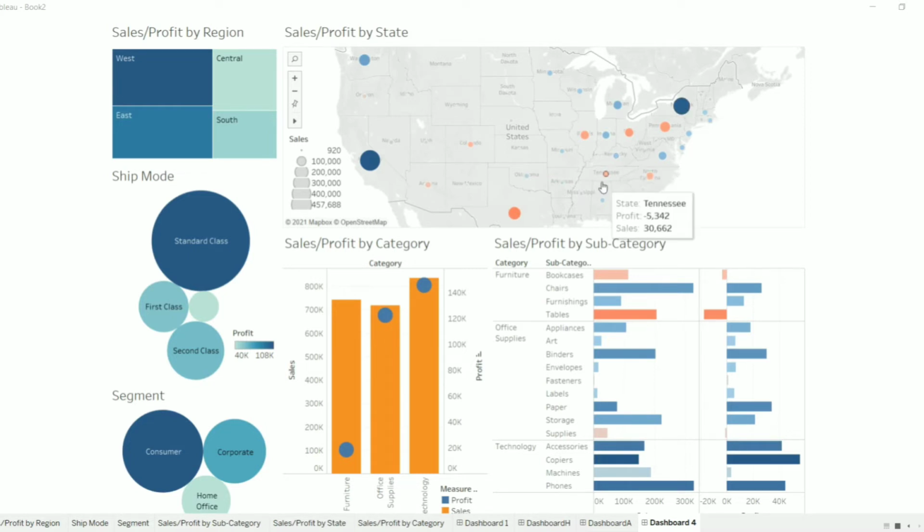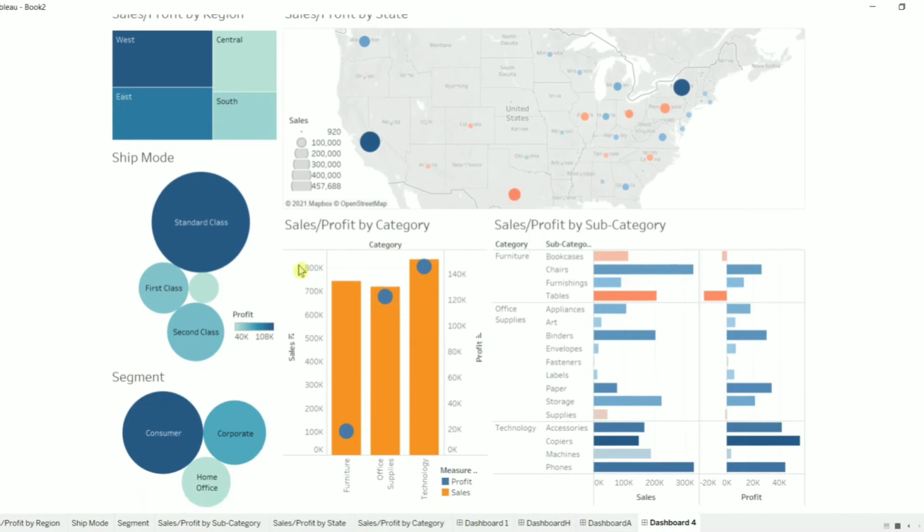Let's go through one of the red circles. Okay, so this spot shows Texas. We see that even though there is a huge amount of sales, which is 170,000, the profit is in the negatives. Now, let us look at the sales and profit by category. In this graph, the bar represents sales and the circle represents profit.